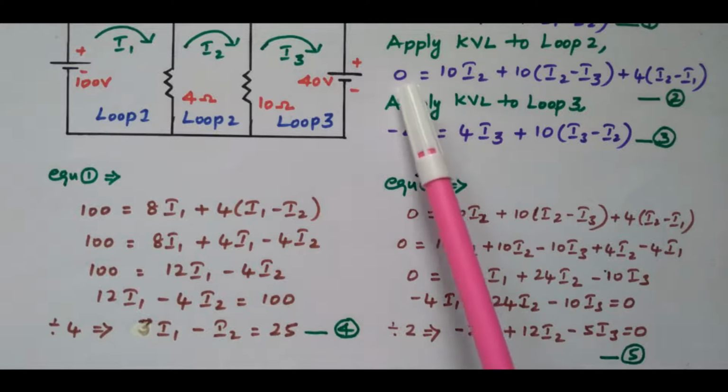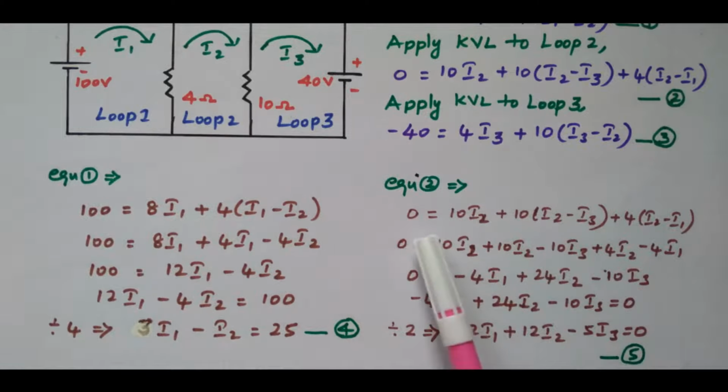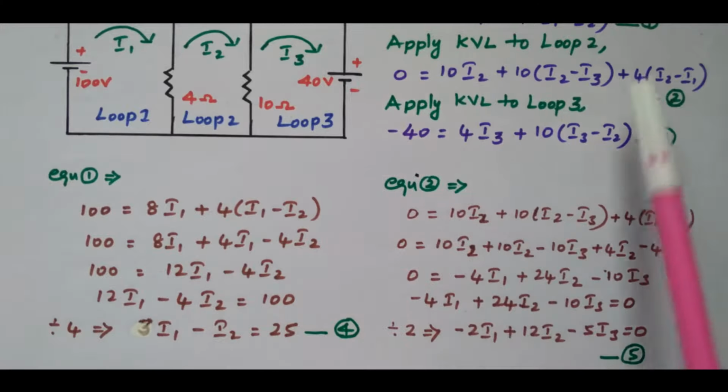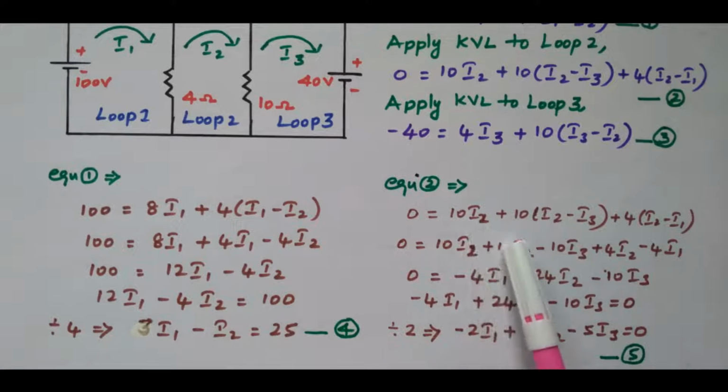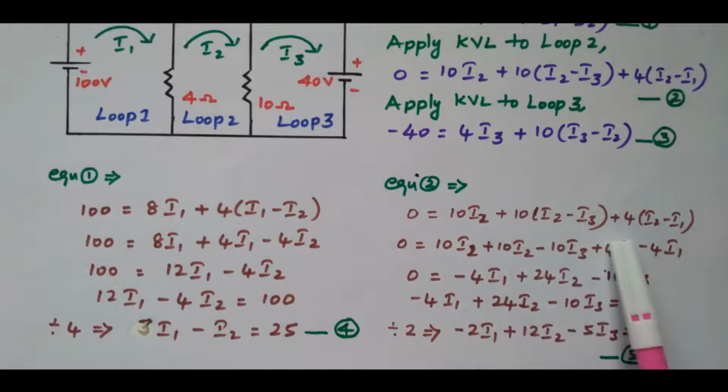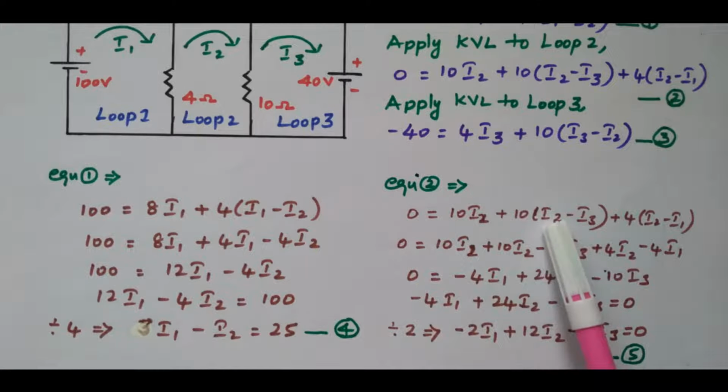Now we'll consider this second equation. 0 equal to 10i2 plus 10(i2 minus i3) plus 4(i2 minus i1). Now we'll multiply this inside. So 0 equal to 10i2 plus 10 into i2 minus 10 into i3. Similarly 4 into i2 minus 4 into i1. This 4 is multiplied inside, and similarly here 10 is multiplied inside.